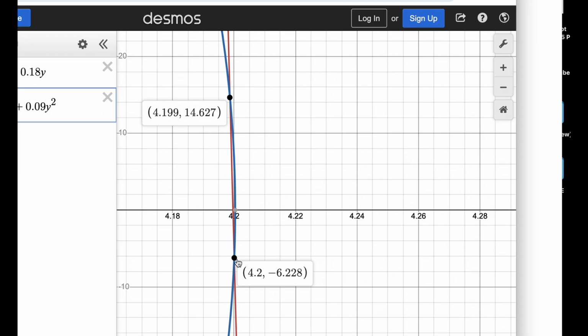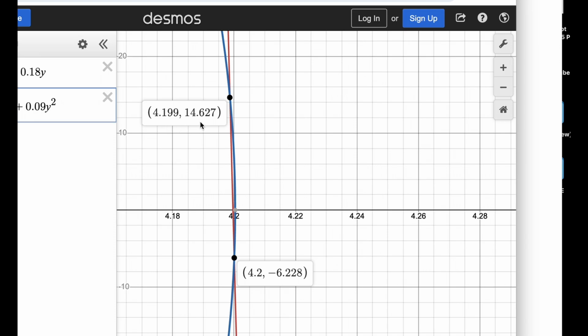You don't want that solution, of course. We want the solution that's after the collision. And what this shows is that Rhino's velocity hardly changes at all. He was going 4.2 meters per second. Now he's going 4.199 meters per second. So the ball didn't really have an effect on him.